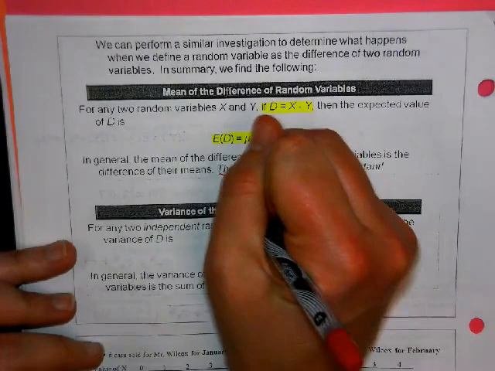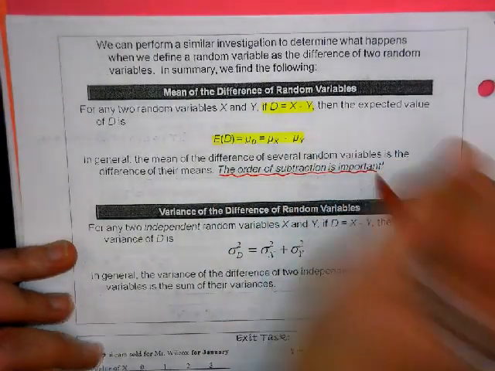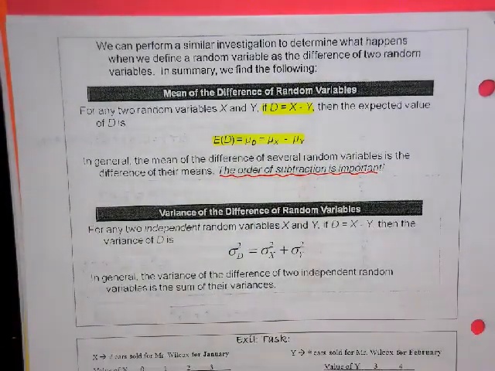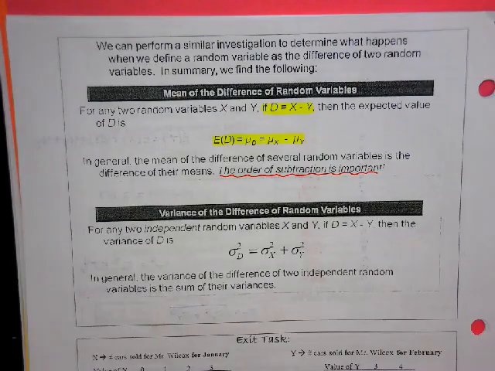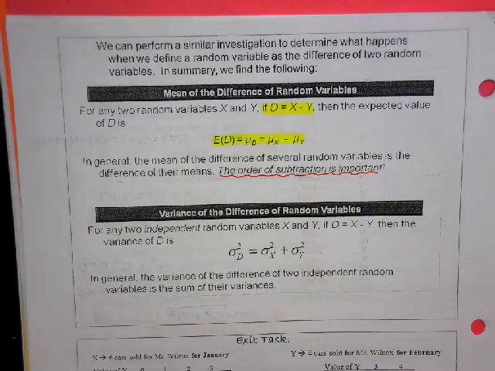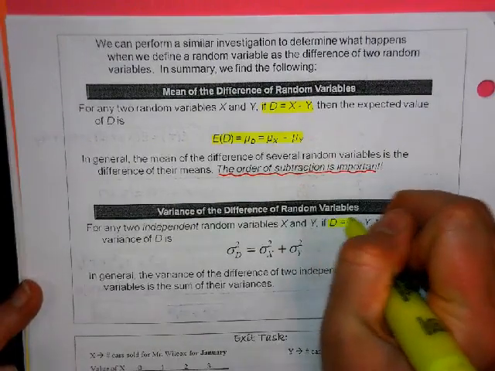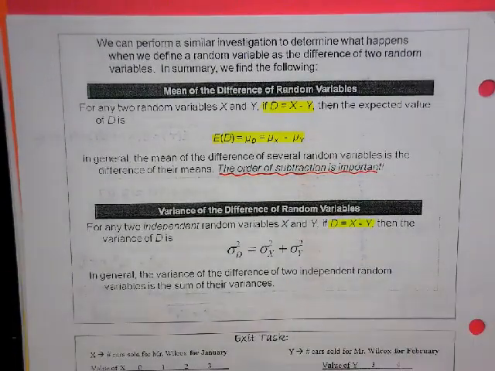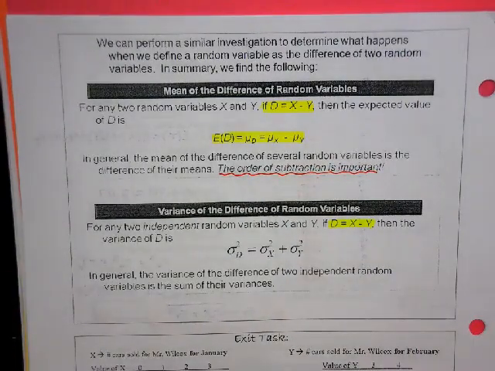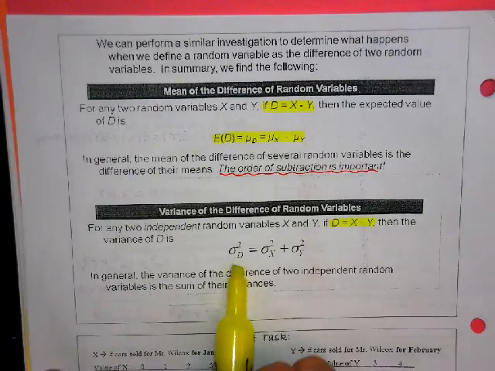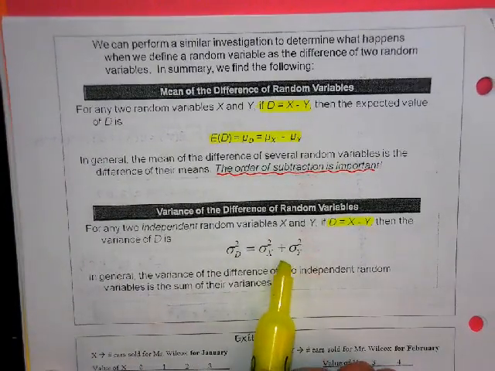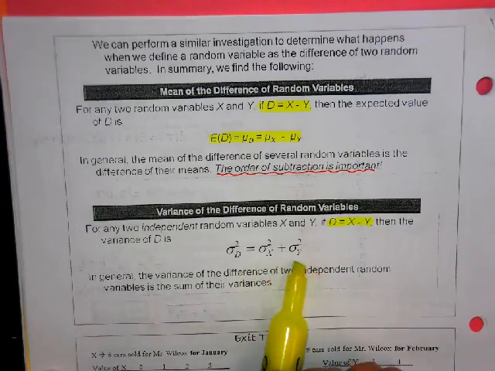Now here's the weird part. If we're subtracting two variables, we still add their variances. So the variance of D comes from the variance of X plus the variance of Y. So no matter what, whether I'm asking you to add variables or subtract them, you always add your variances.